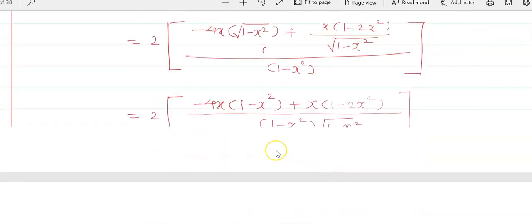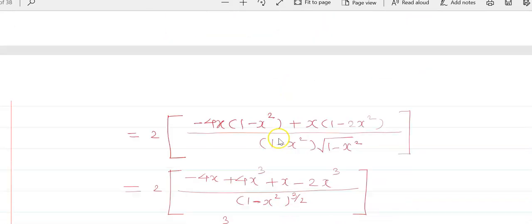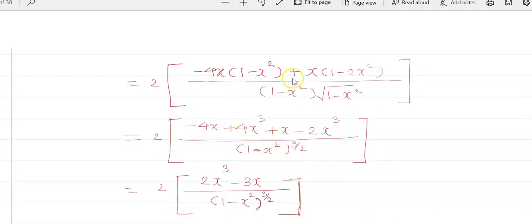Now we will simplify this, that is, 2 times [minus 4x(1 minus x square) plus x(1 minus 2x square) upon square root of (1 minus x square)] into square root of (1 minus x square).